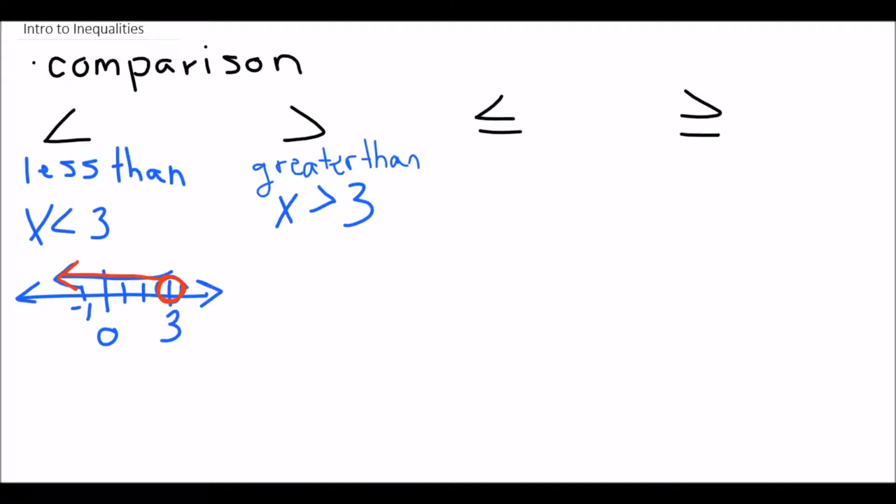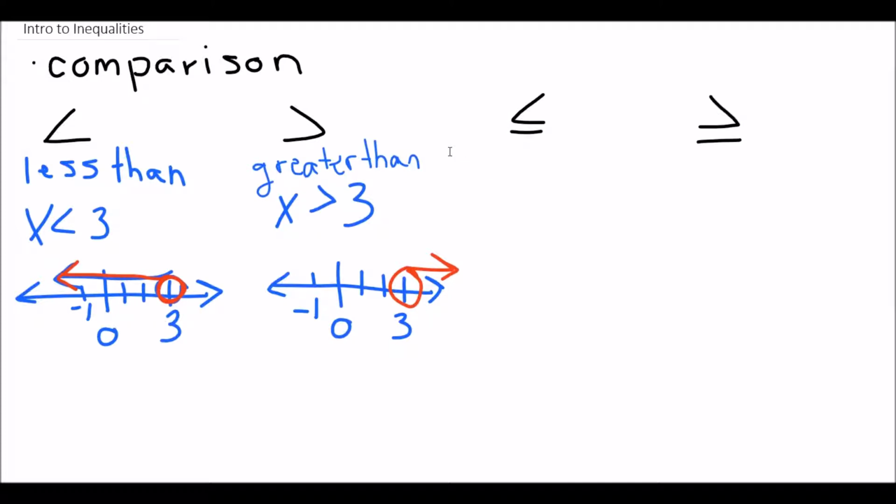Still not 3, it's just bigger than exactly 3. And so on a number line, here's our 0, -1, 1, 2, 3, and our graph, so to speak, is just going to be an open dot on 3, because we know it does not include 3.0. We know it's not the whole number itself, but it does include anything bigger than 3.